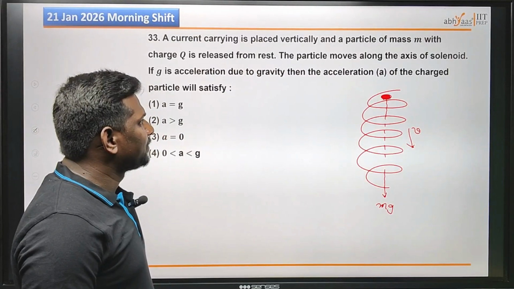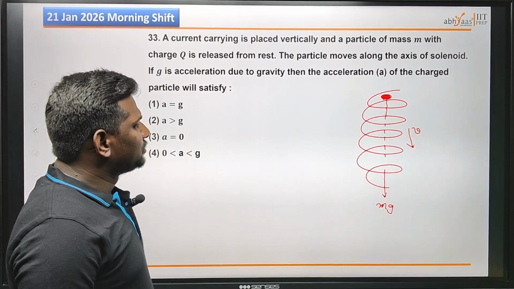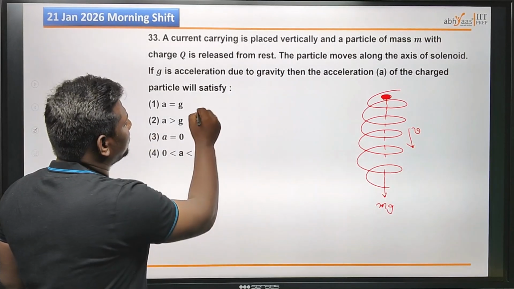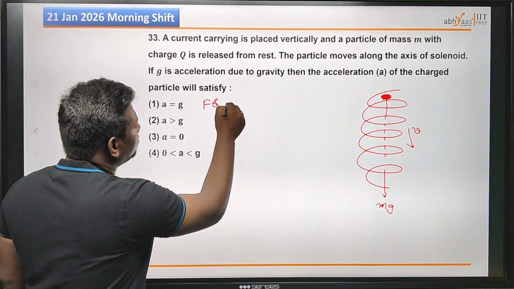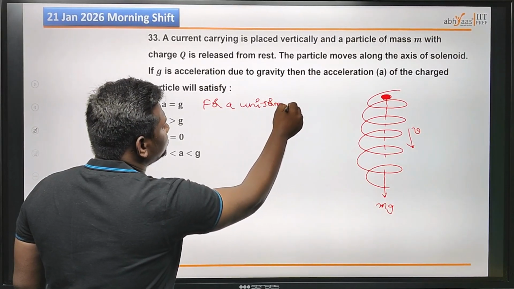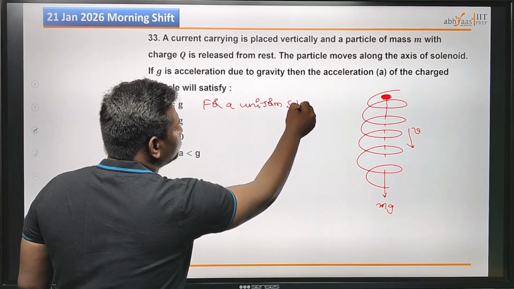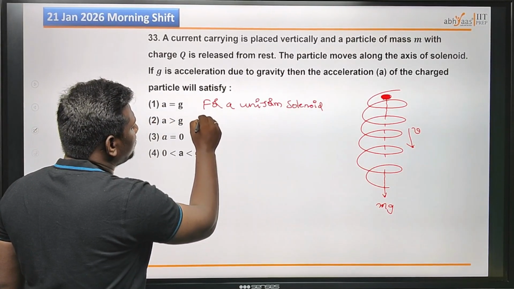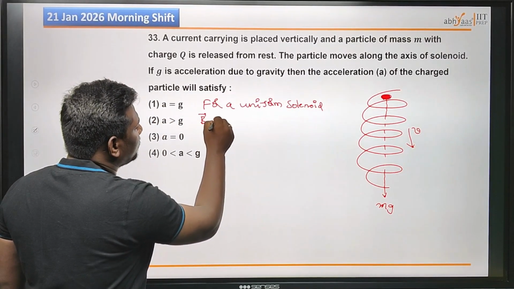So see here, for a uniform solenoid the magnetic field is along the axis.